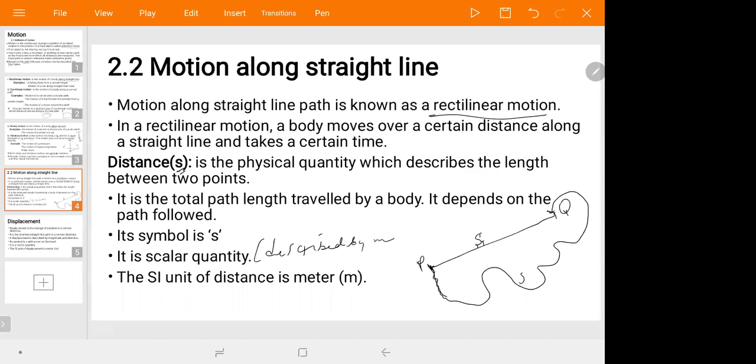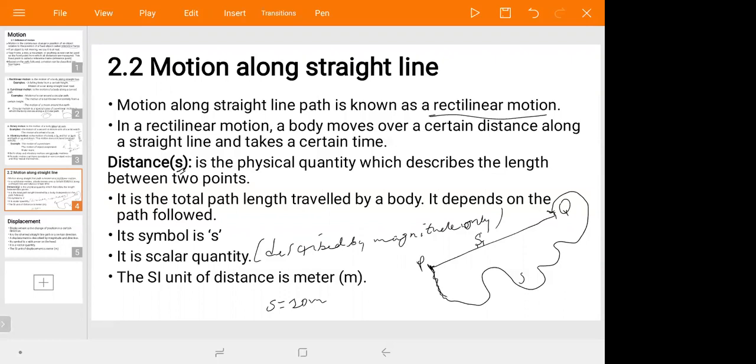Scalar means magnitude only. For example, distance is equal to 10 meter. At what direction? We don't know. There is no direction. So distance is a scalar physical quantity. The SI unit of distance is meter.